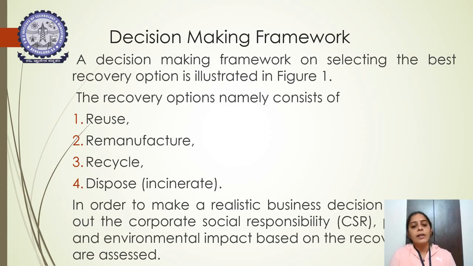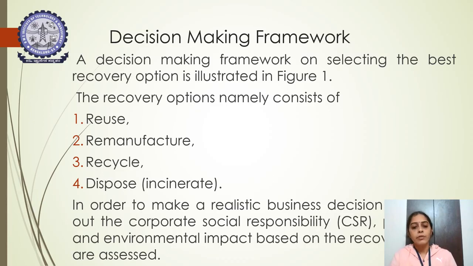And the fourth one is just disposing the product, saying that it is scrap: it cannot be reused, remanufactured, or recycled. This happens when the material is toxic and not eco-friendly, or the profitability might not be high, or the customers might need other changes in the product. So based on these options, people will decide whether it has to be recovered or not.